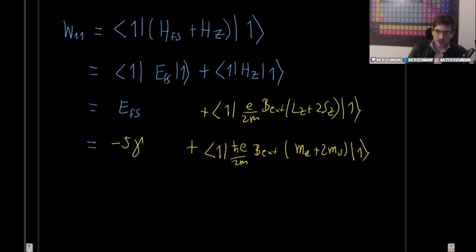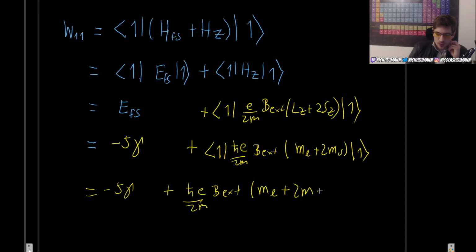And now all of these are simply numbers. We can pull them out, right? So we get minus 5 gamma plus h bar e over 2m external field times (ml plus 2ms), and then we get the inner product of 1 and 1, right?